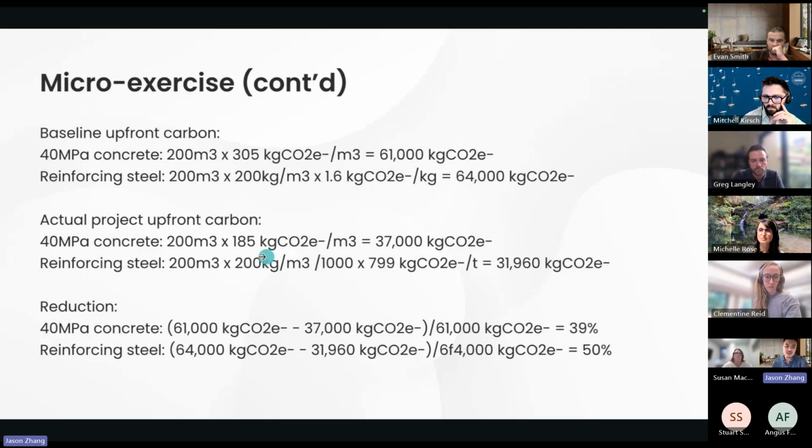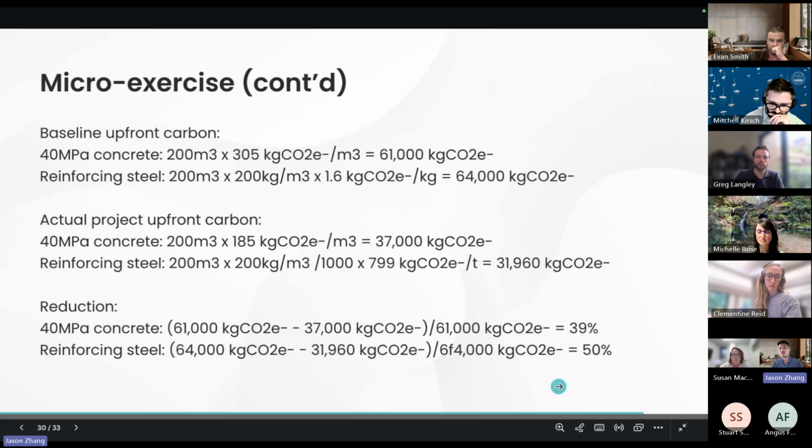You need to convert kg to ton to make sure they're all aligned, otherwise you'll be off by 1,000. After you've done that, you can do a comparison. By using this concrete, you get a 39% reduction. By using this steel, you get a 50% reduction compared to baseline.